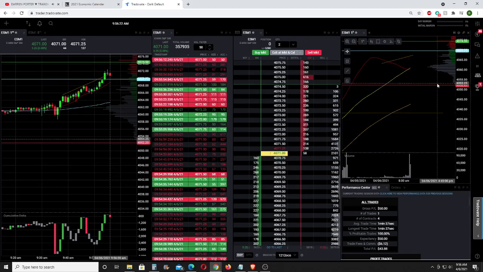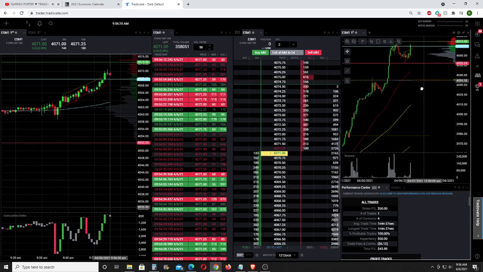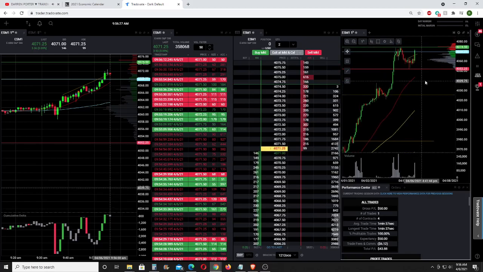Let's get a longer term chart while this is forming. Yeah, look at this, so bullish.